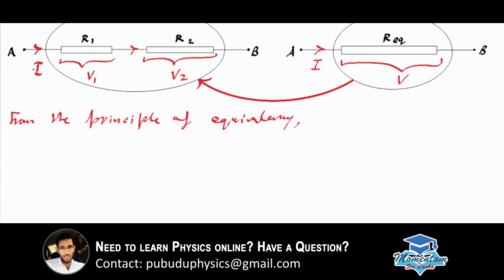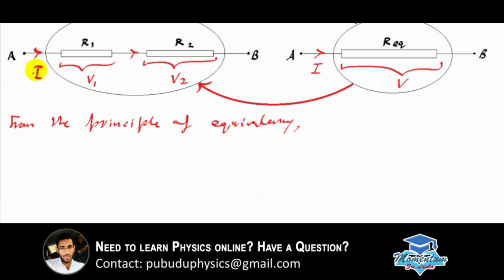This current creates the total voltage across the combination, that is V1 plus V2. The same voltage has to be generated through the single equivalent resistor when the same current is traveling through. Therefore this V has to be equal to that total V, that is the sum of the voltages across the two resistors R1 and R2.